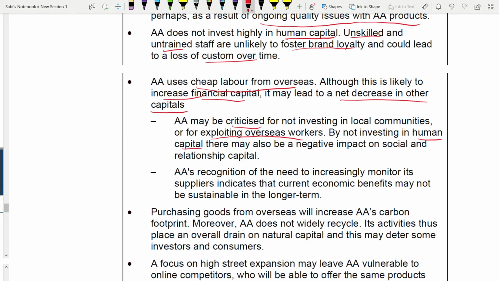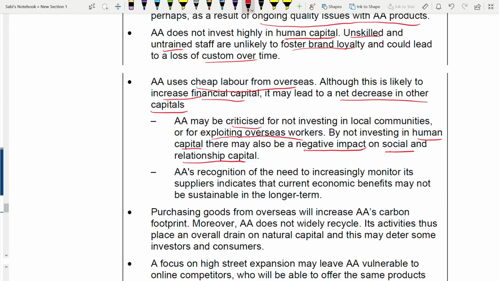This will have a negative impact on the social and relationship capital. Because if you're investing in human capital, you're training them, they are skilled, they can foster your brand loyalty, hence increasing your social capital. They will have a better reputation.